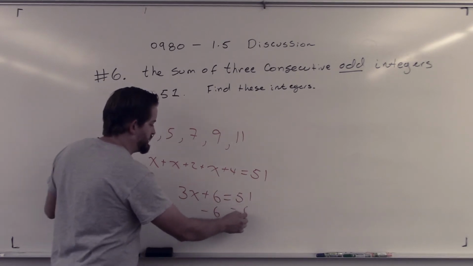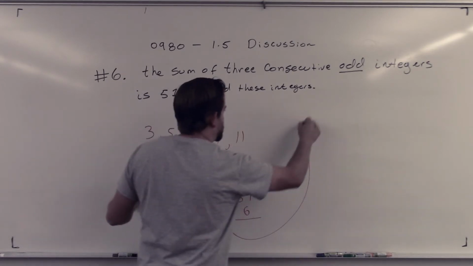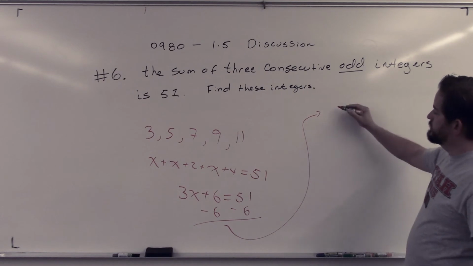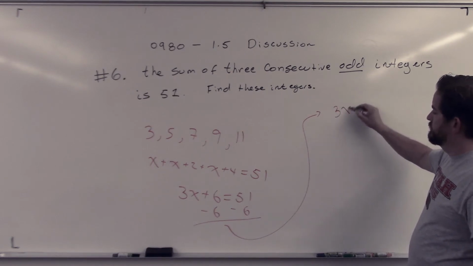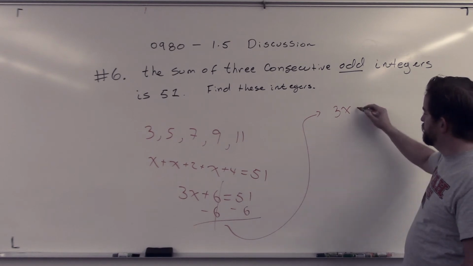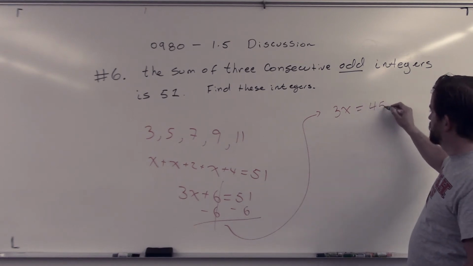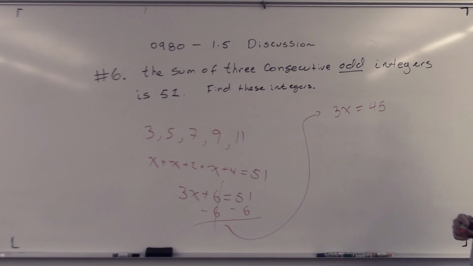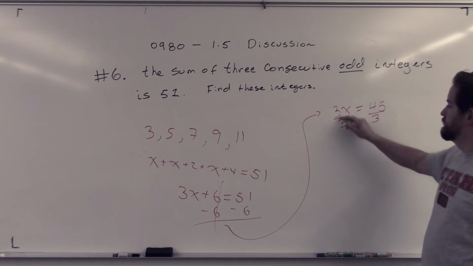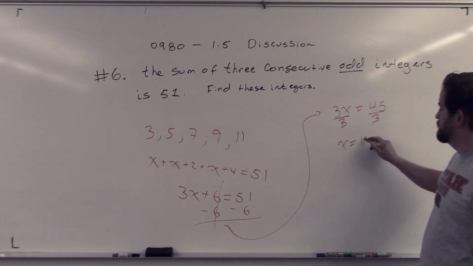Subtract 6 from both sides. If I subtract 6 from both sides, I still have the 3x on the left. The plus 6 and the minus 6 go away, and then I end up with 45. Divide each side by 3, and I have x equals 15.